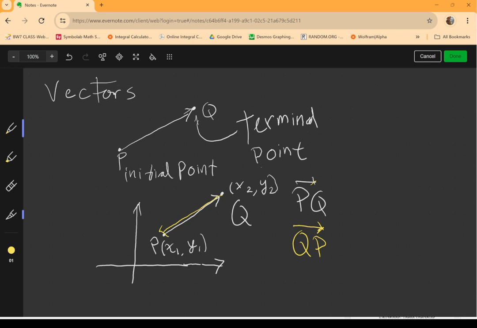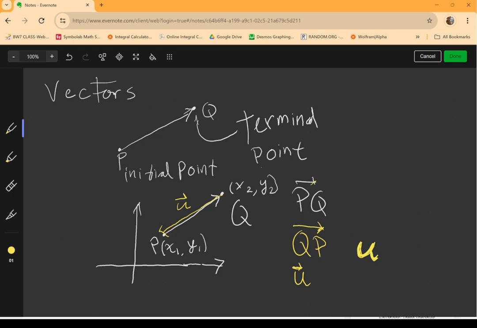Other types of notation, if let's say we name this vector u, we'll sometimes see just the u with an arrow on top. It's hard to write that on here, but in your textbook you may notice that they'll use boldface type, where the letter is written as boldface.